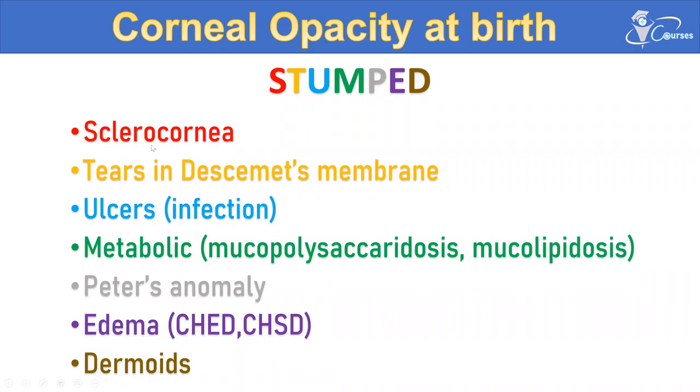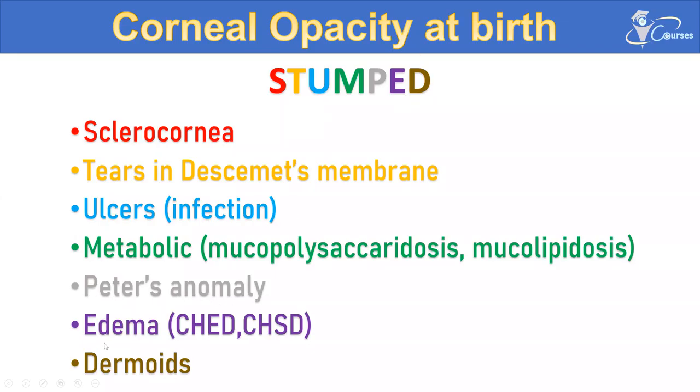S refers to sclerocornea. T refers to tears in the Descemet membrane. U refers to uterine infection or ulcers. M refers to metabolic disorders characterized by mucopolysaccharidosis or mucolipidosis. P for posterior defect like Peters anomaly.